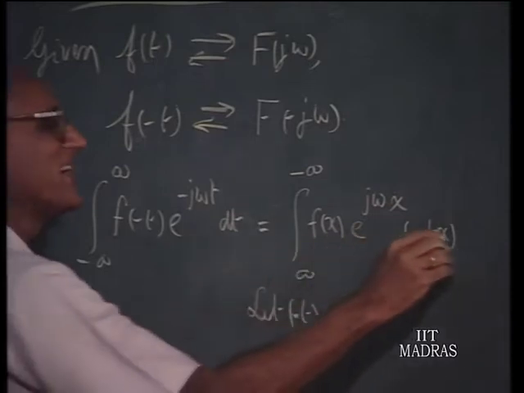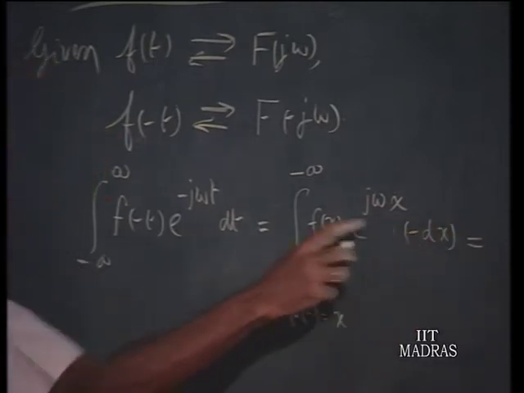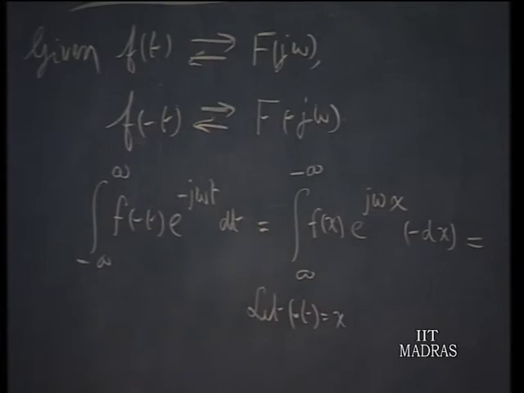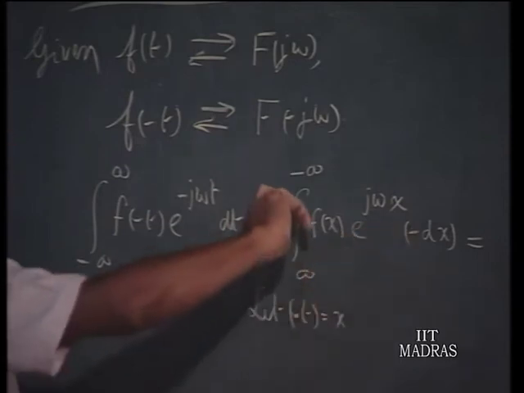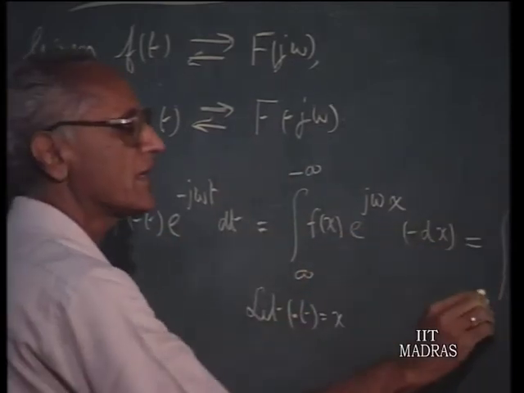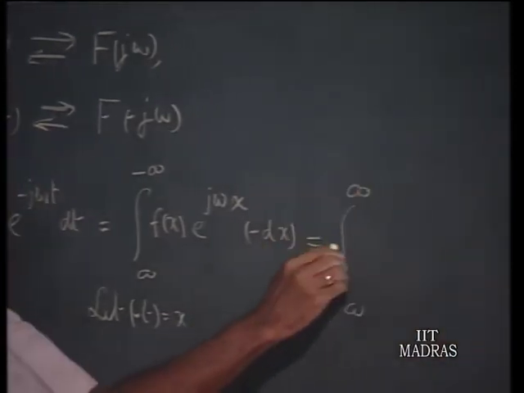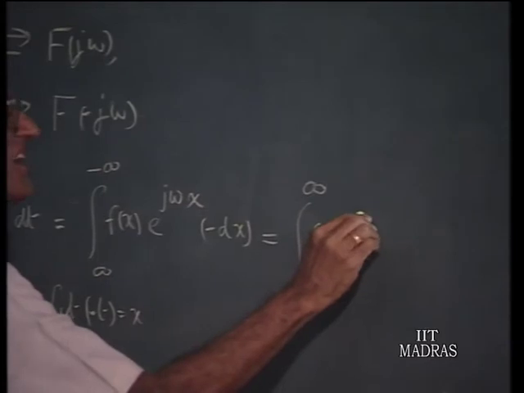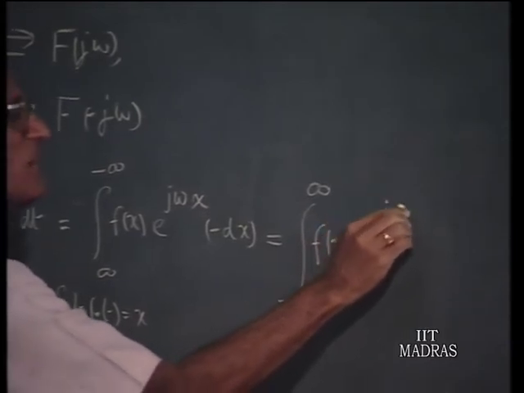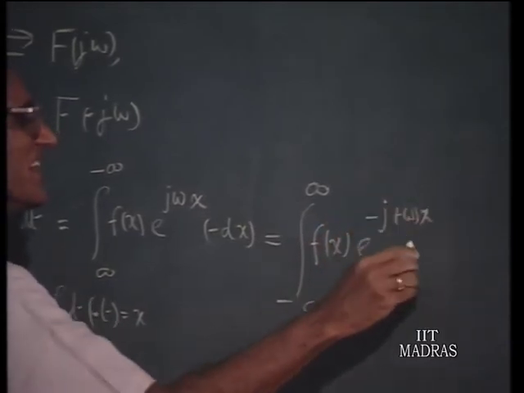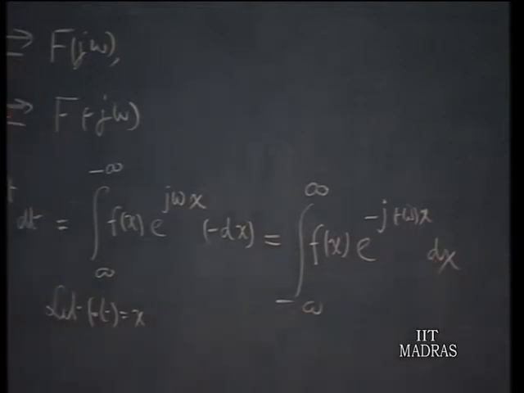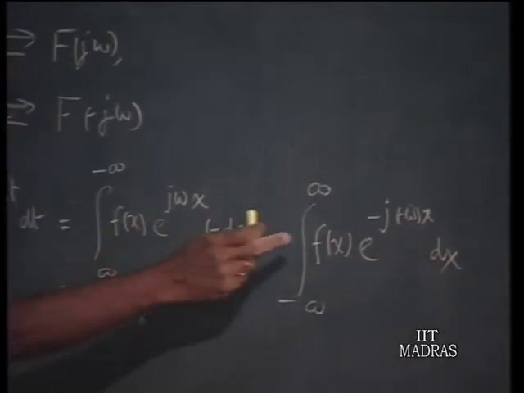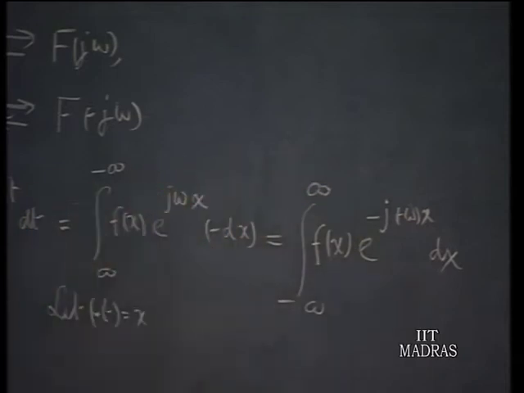And this can further be written as this minus sign, and these integral limits can be taken care of by putting this plus sign and reversing the integral limits. Therefore, I can write this as the integral from minus infinity to plus infinity of f of x e to the power of minus j minus omega x dx. So, instead of plus omega x, I put minus omega x, therefore, I introduce a minus sign here.